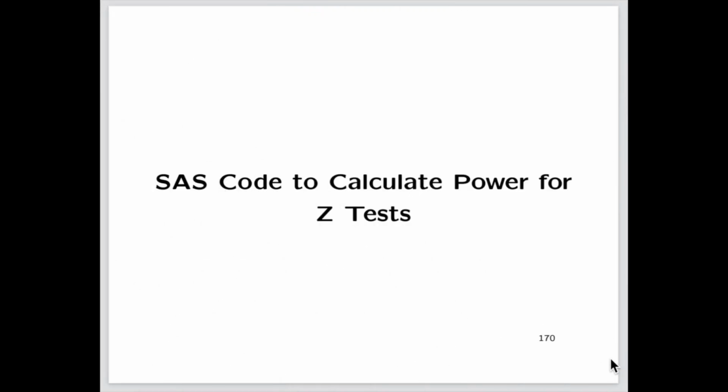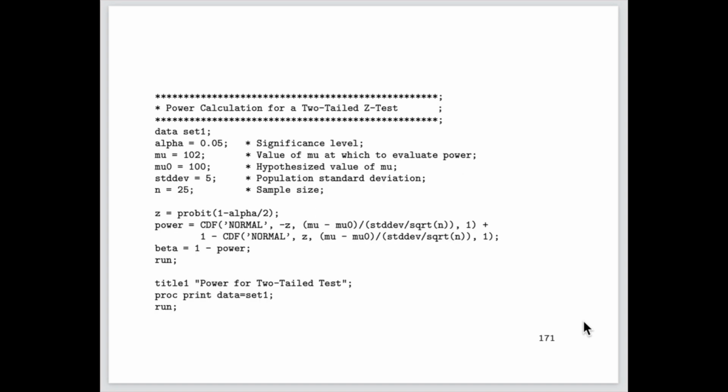So let's look at an example of how to use some statistical software to calculate power for z-tests and to get very accurate values for power. And so here is the SAS code in the context of a data step to perform a power calculation for a two-tailed z-test.